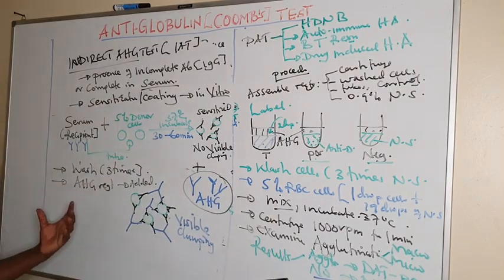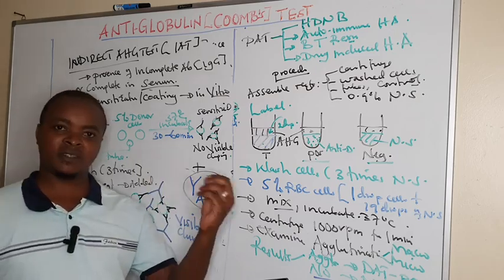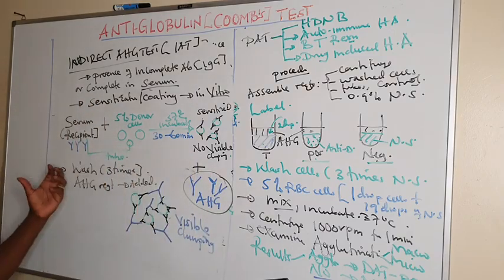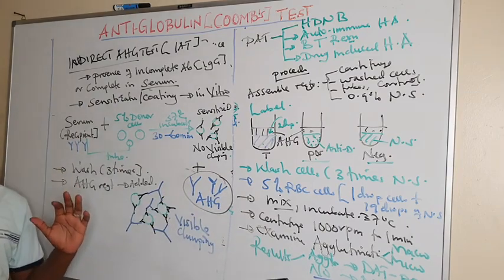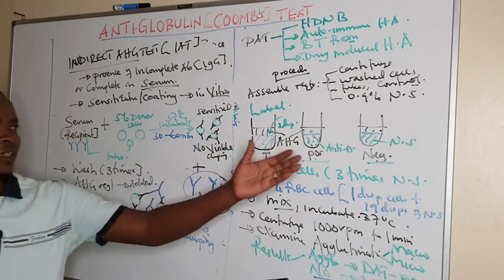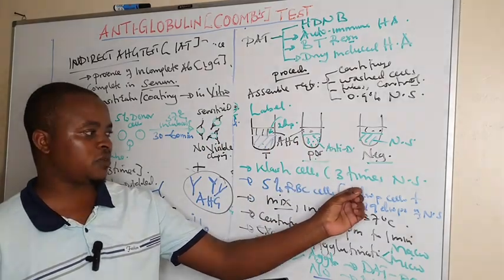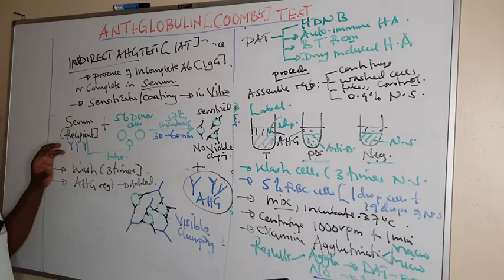So this is what we can discuss with you in this session, where we have seen both indirect and direct anti-globulin test. The difference in the procedure is that here we are using already sensitized cells, but here we are sensitizing in the tube.